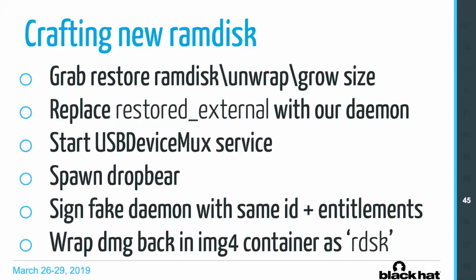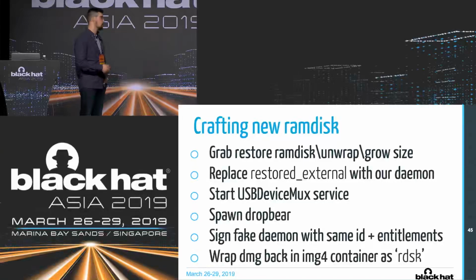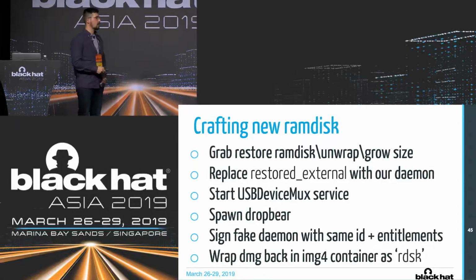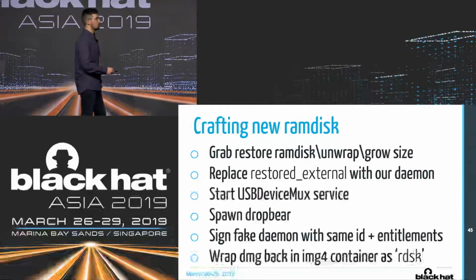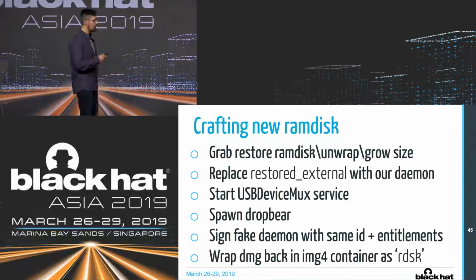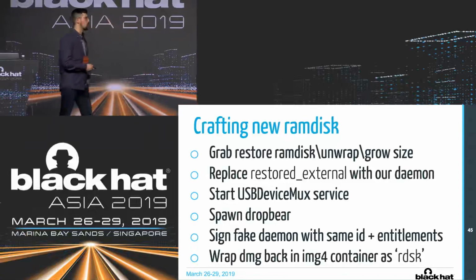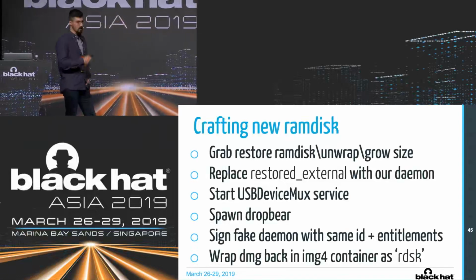The launchd now gets a hard-coded list of the IDs that can execute, and if our ID is not one of them, it will be prevented. As well, we need to provide the entitlements that get access to the USB device MUX service. Finally, wrap everything back and sign the RAM disk container.